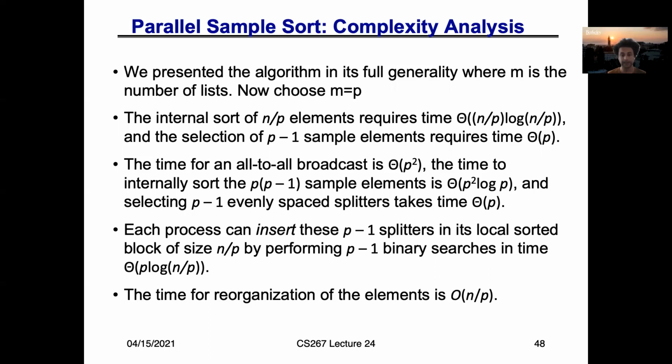So I'm going to correct this slide. The time to gather the elements is going to be order p squared. Internally sorting them by one processor or redundantly in every processor is the same. It's going to take p squared log p time, simply because log of p squared is also order log p. And selecting evenly spaced splitters takes order p.